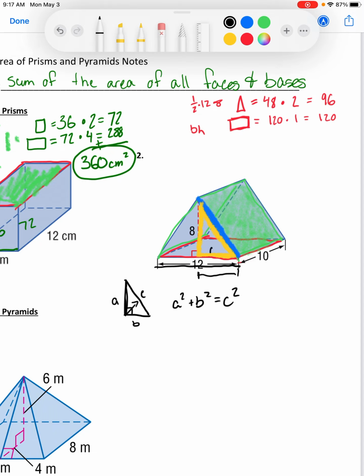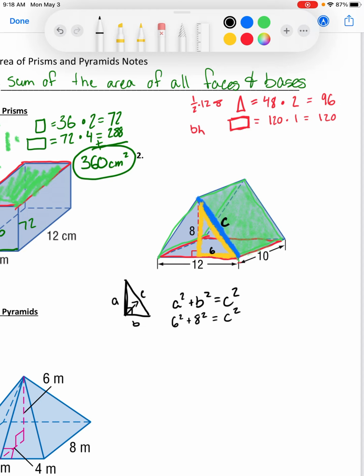So our side would actually be 6 for this yellow right triangle. So our next step is we need to plug in our values to the theorem. So we're going to have 6 squared plus 8 squared equals C squared. And C is our missing value that we're trying to get to.